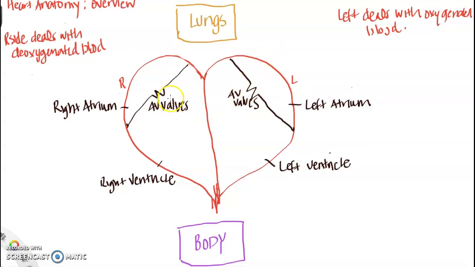All right, the right atrioventricular valve is also called the tricuspid valve, and the left atrioventricular valve is also called the bicuspid and also the mitral valve.